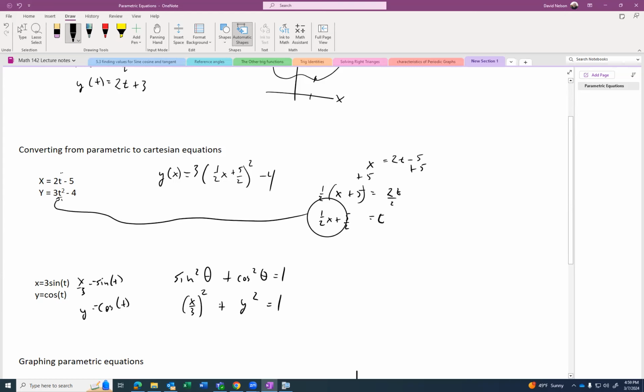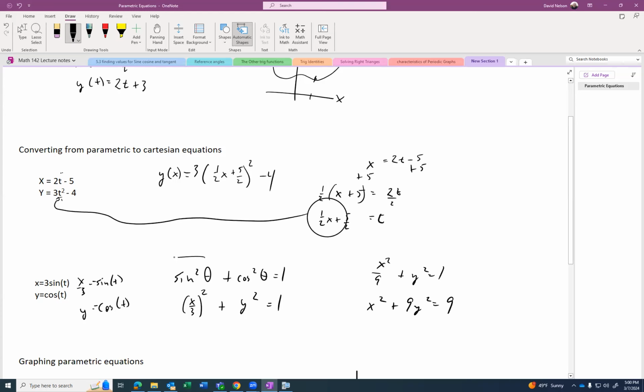And it's very useful when you've got things that are not a normal relationship like this. So x squared over 9 plus y squared equals 1. Or you can multiply through by 9 if you don't like the fractions and get x squared plus 9y squared equals 9. So usually you try to solve for one variable and substitute in the other one.